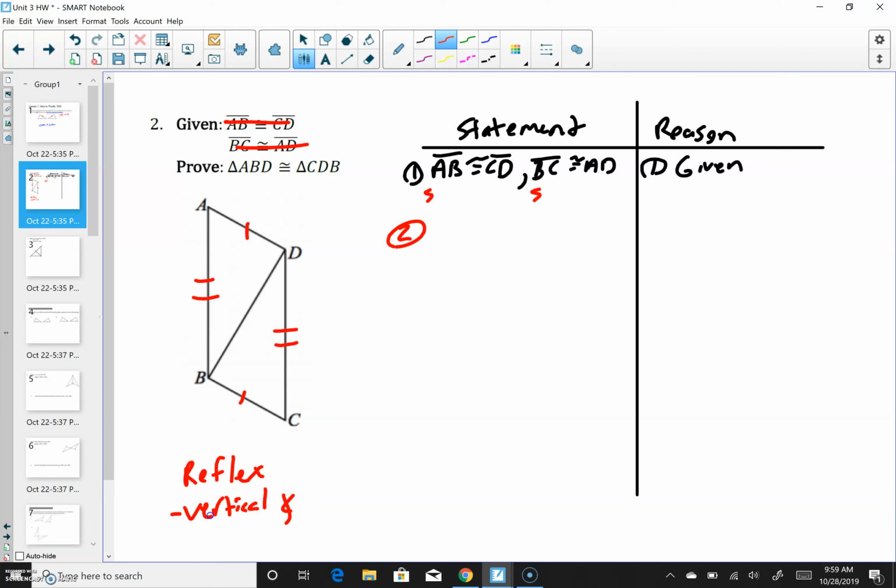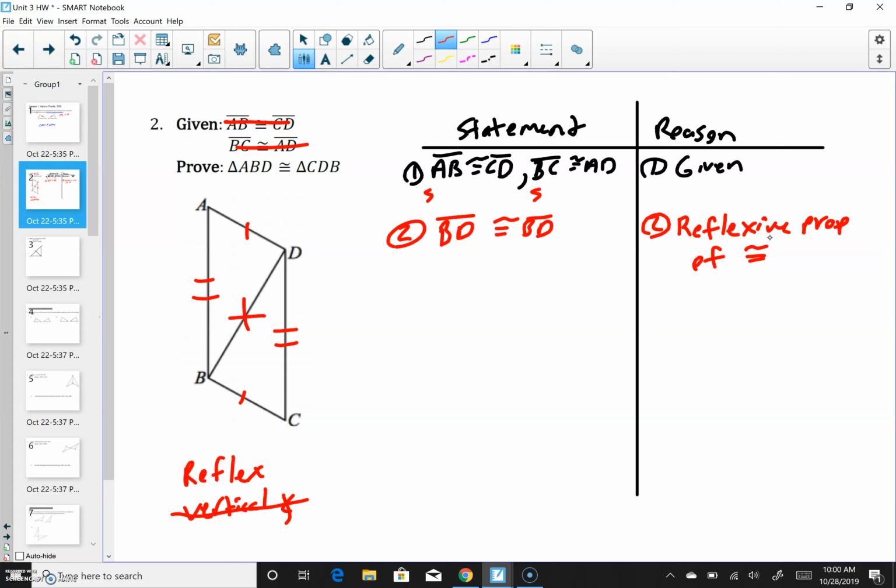Well, we don't have anything here with vertical angles, so that leaves us with our reflexive side, which is BD. So BD is congruent to BD. And the reason for that, straight off of our chart, is going to be the reflexive property of congruence.